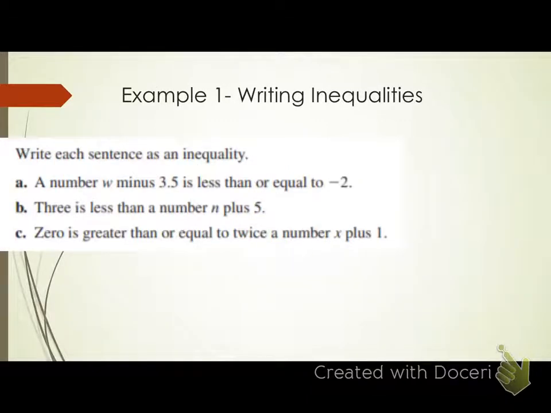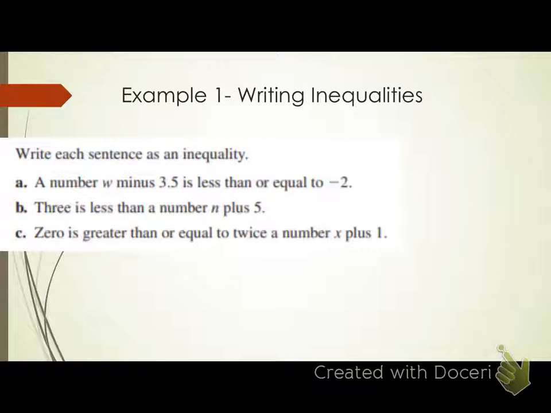So example 1, writing inequalities. It gives us three sentences, and it wants us to write an inequality based on the sentence it gives us. So for letter A, it says a number W minus 3.5 is less than or equal to negative 2. So we're just going to write this as we're reading it from left to right.